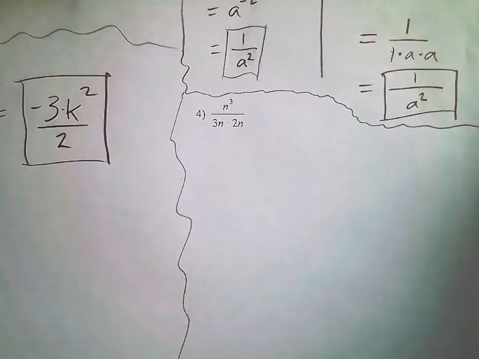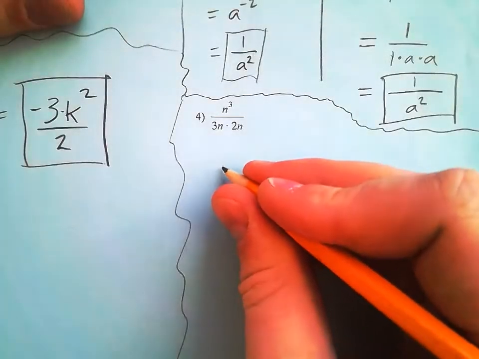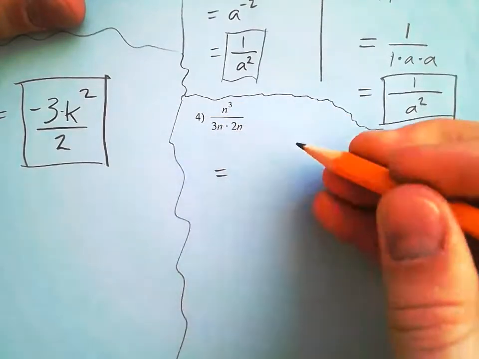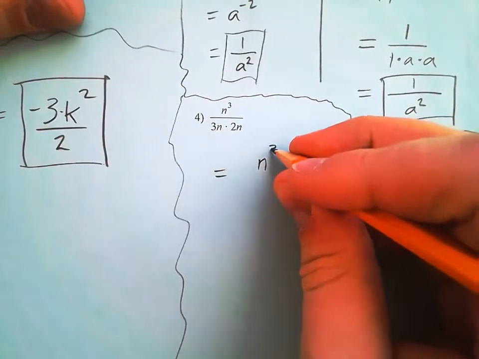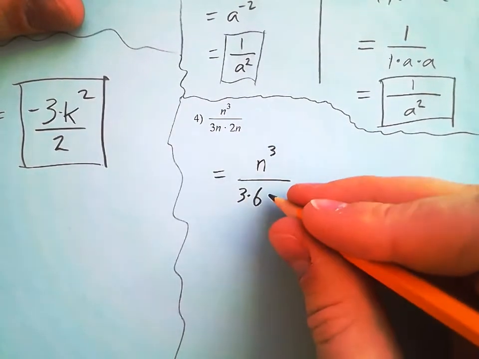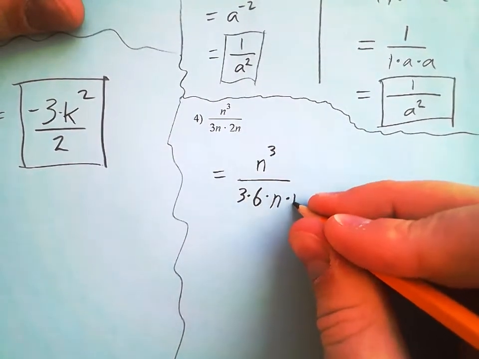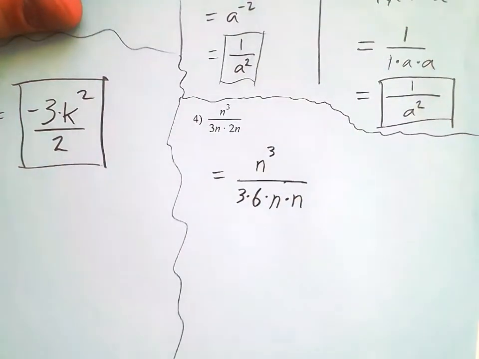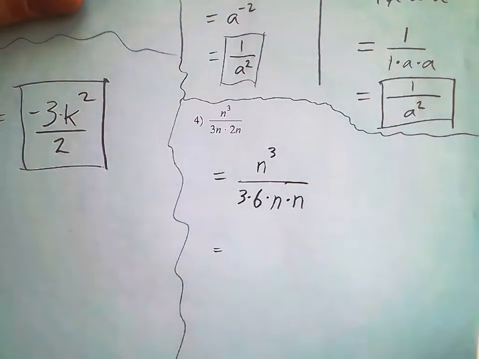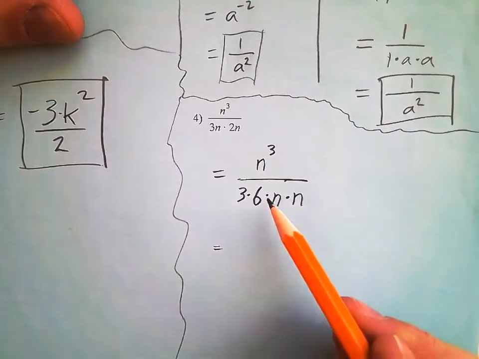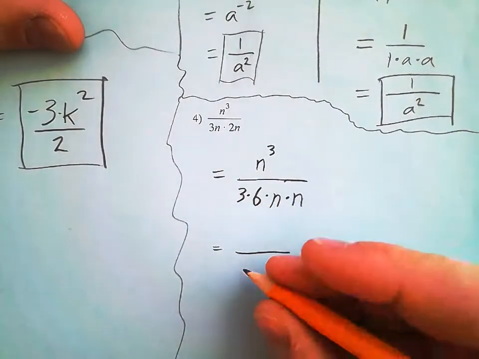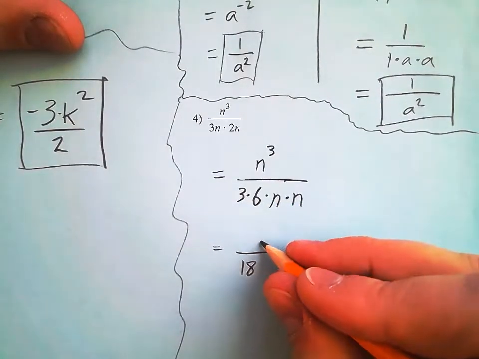Okay, on this one, let's reorder the multiplication on the bottom to put the numbers together and the variables together, or the n's. Okay, n times n is n squared. 6 times 3, we could call that 18.